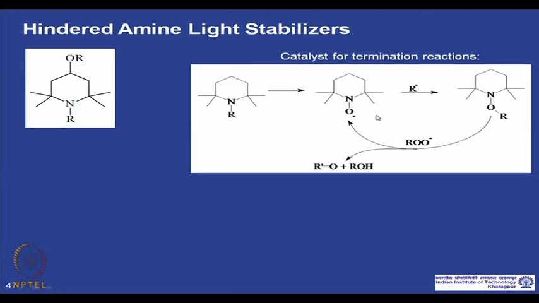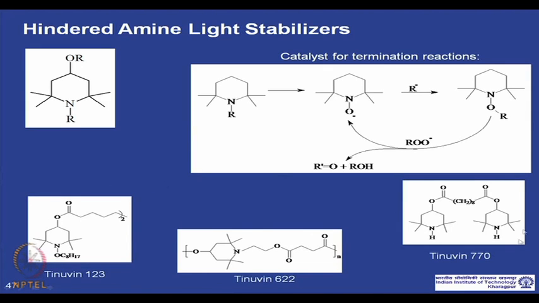They trap the radicals and form non-radical products, by which they prevent degradation of molecular weight and formation of yellow color bodies. Some of the commercially available hindered amine light stabilizers are shown here. These are again representative examples of some light stabilizers commonly used in polymers.